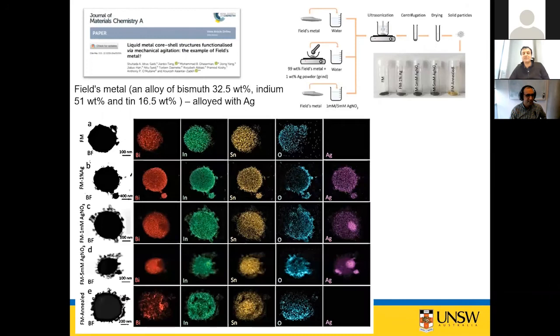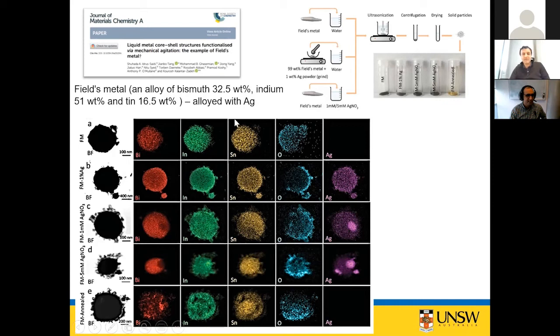Another possibility, which is my last slide, is to make a photocatalyst. This is just a cute example. It's not bismuth and tin only, it's bismuth, tin, and indium added as well to make a fusible metal. Fusible metal's melting point temperature is 62 degrees, and it's used for devices that detect heat to turn on the water showers and water sprays in the room in case of a fire hazard.